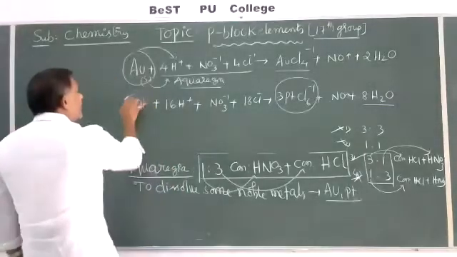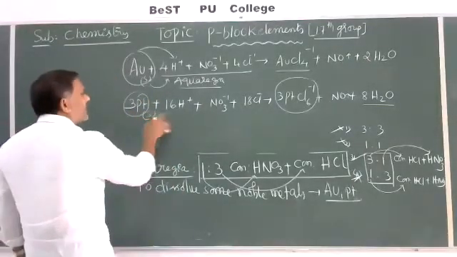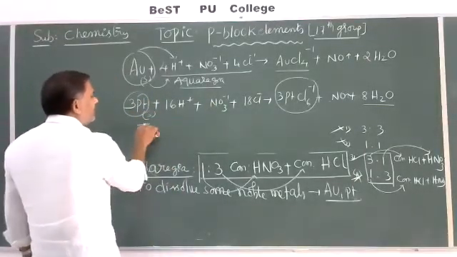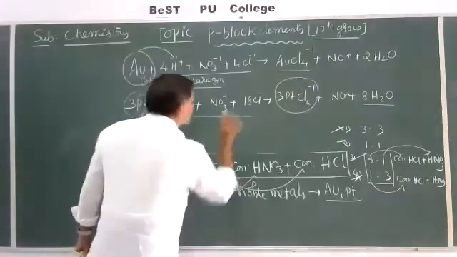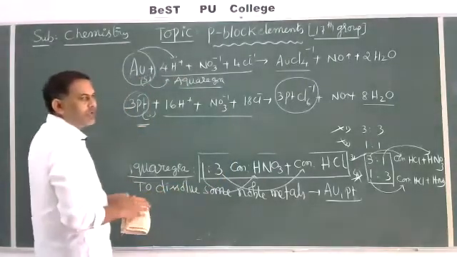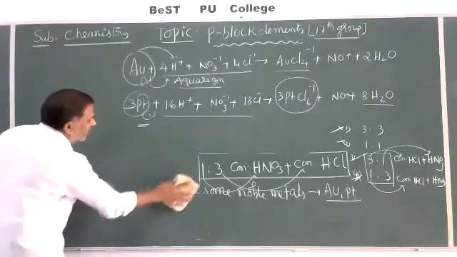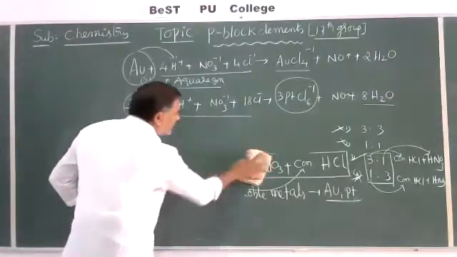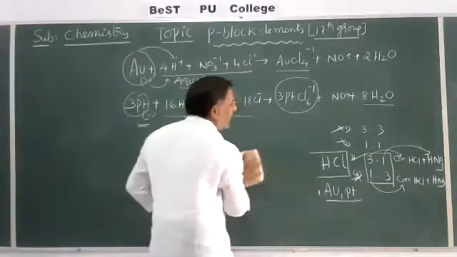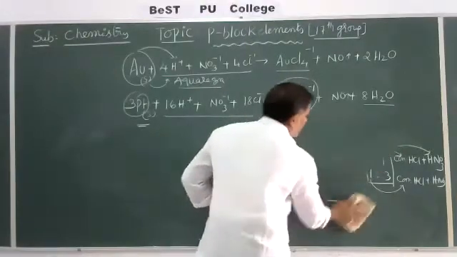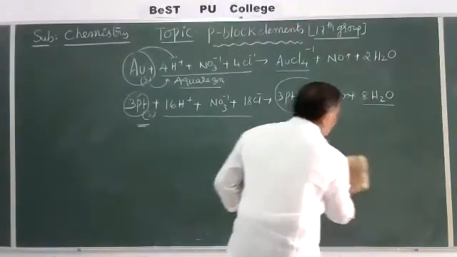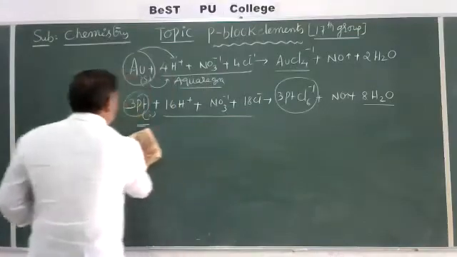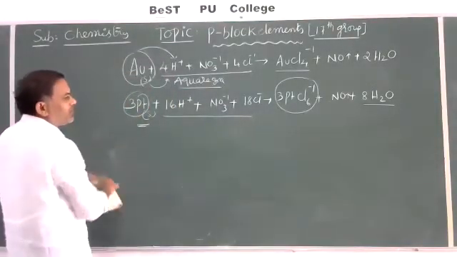This pure platinum is readily soluble in aqua regia. So noble metals are readily dissolved in aqua regia, that is 1:3 ratio of HNO3 and HCl.